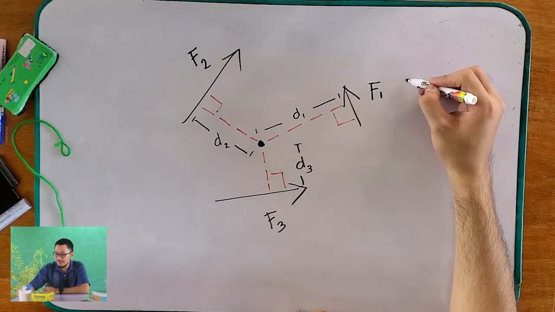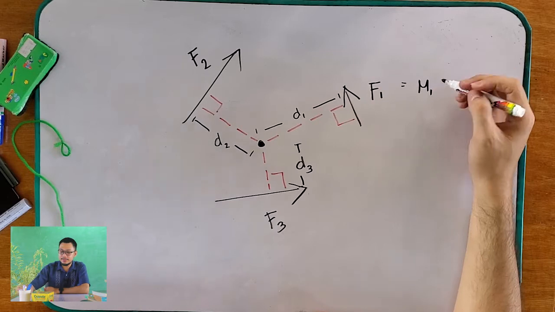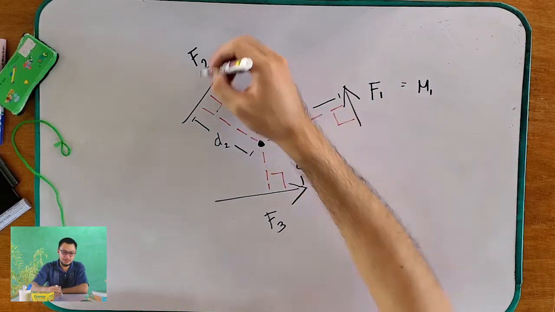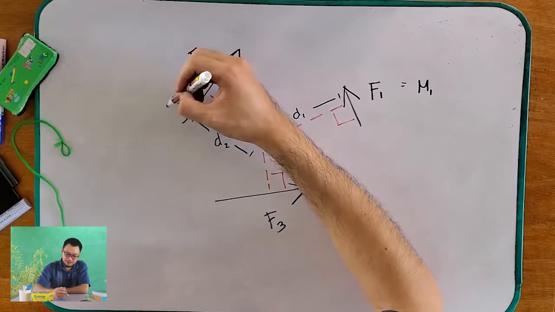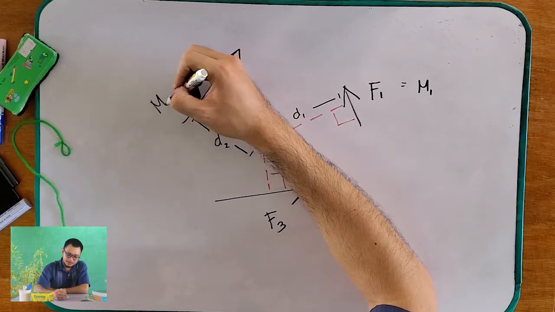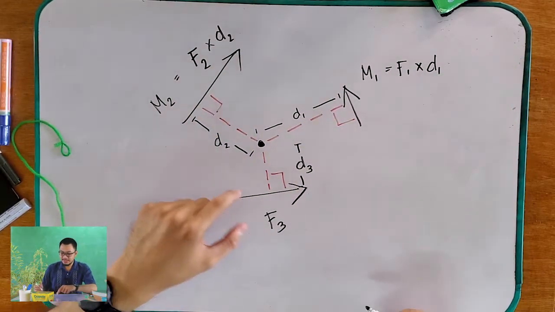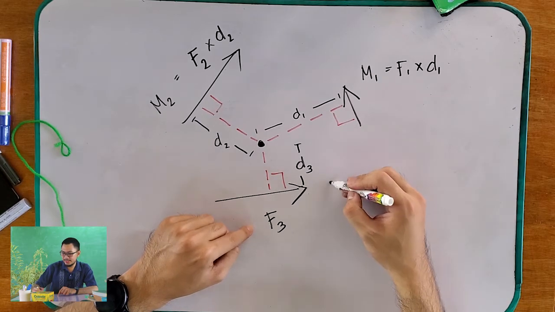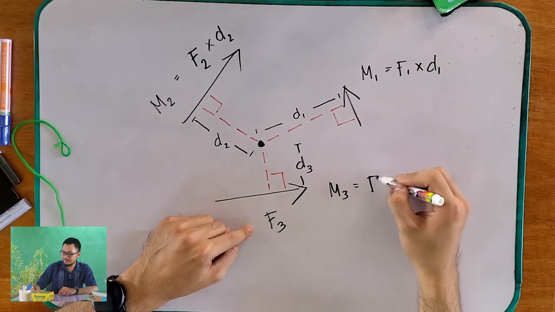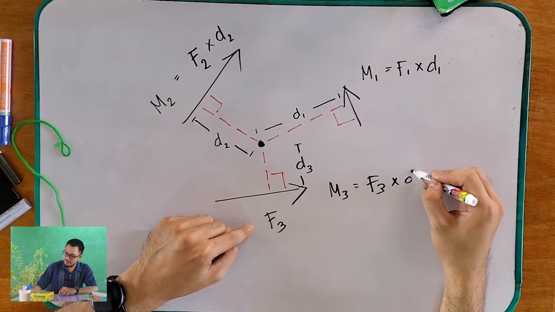F1 times D1 is your moment 1. F2 times D2 is your moment 2. And for F3 and D3, M3 is equal to F3 times D3.